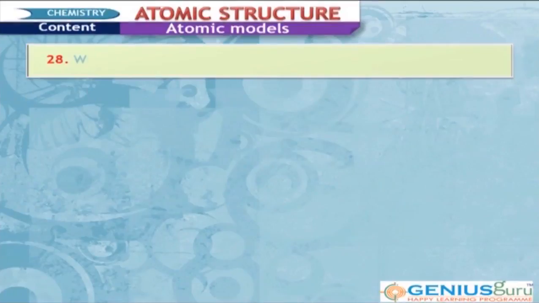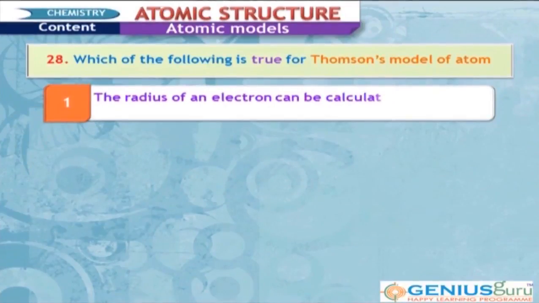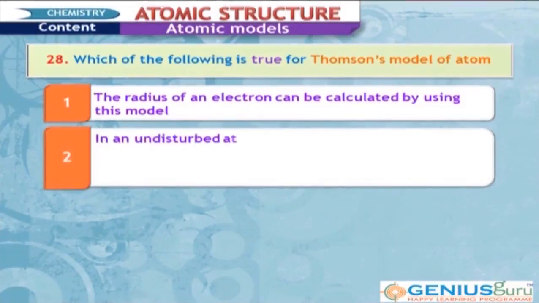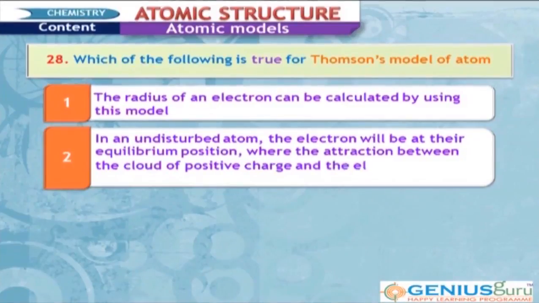Next question is, which of the following is true for Thomson model of atom? Here are the options. The first one is the radius of an electron can be calculated by using this model. Second one, in an undisturbed atom, the electron will be at the equilibrium position where the attraction between the cloud of positive charge and the electron balances their mutual repulsion.